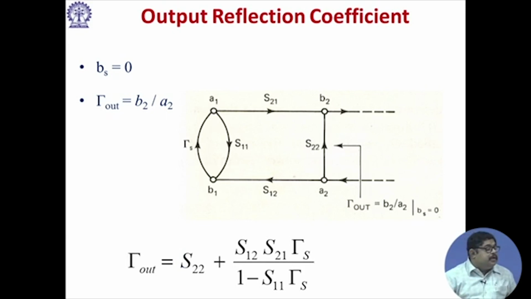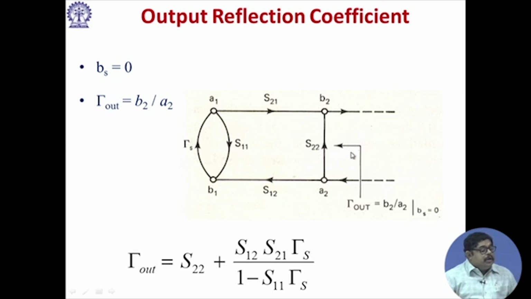Similarly, you can find the output reflection coefficient, which will be B2 by A2, that means how you can come from A2 to B2. Again, one path is this, another path is go here, come here.